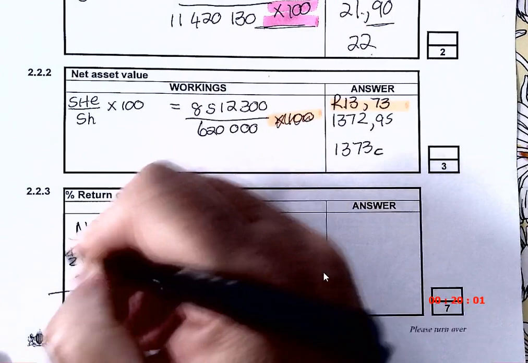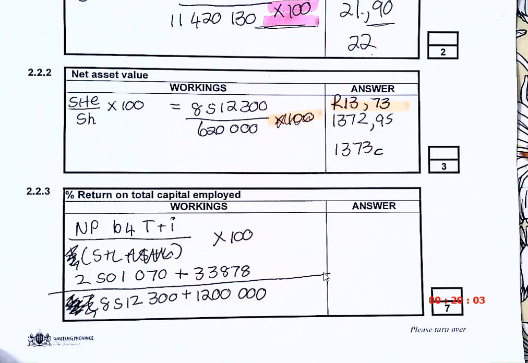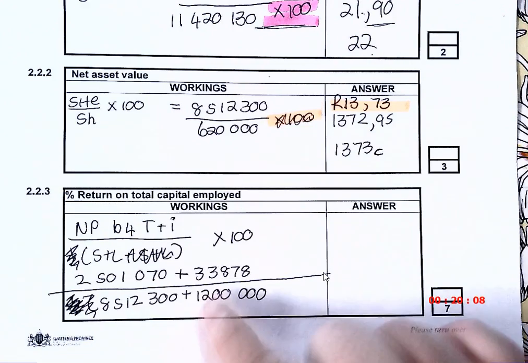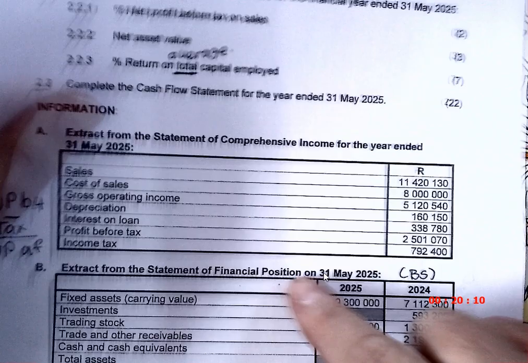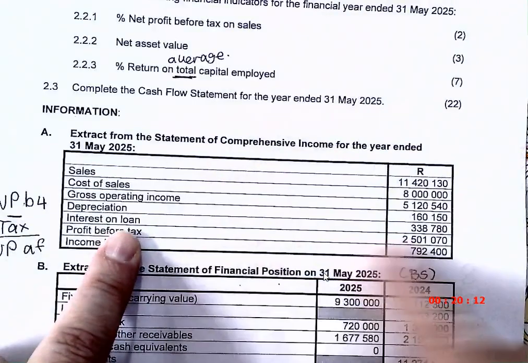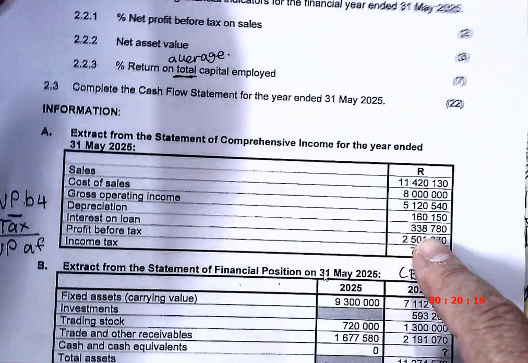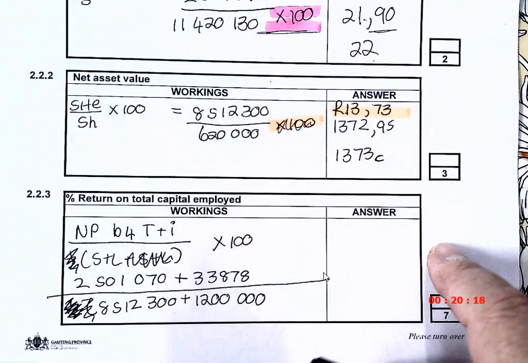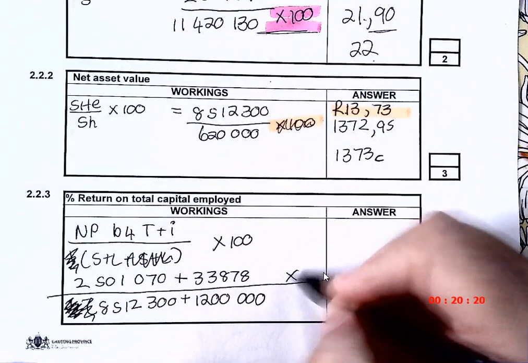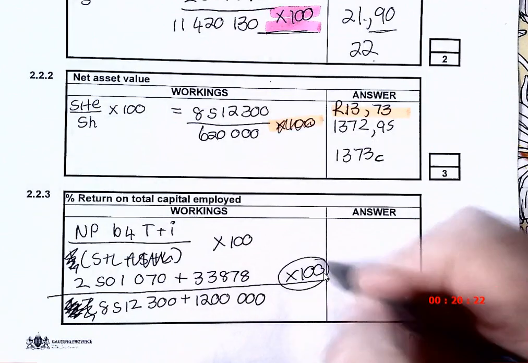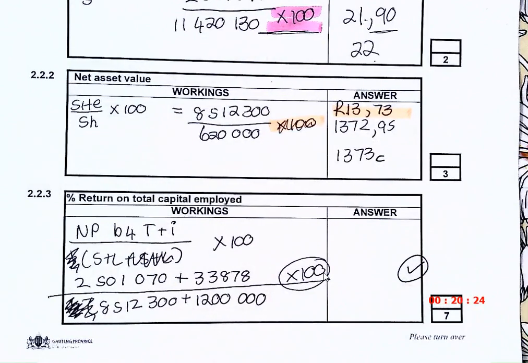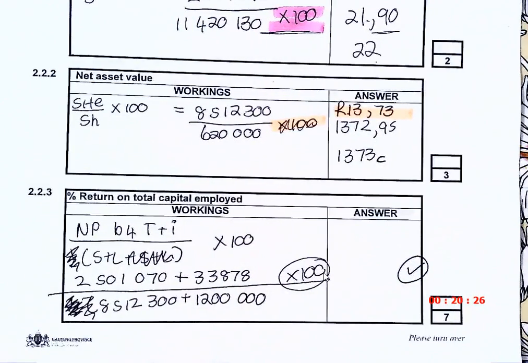So where does the 3 come from? The 3 is my interest expense. So it's that interest on loan. Everybody sharp? Okay. Times 100. Remember, the times 100 is going to determine that you get a bagel there. So now let's see.